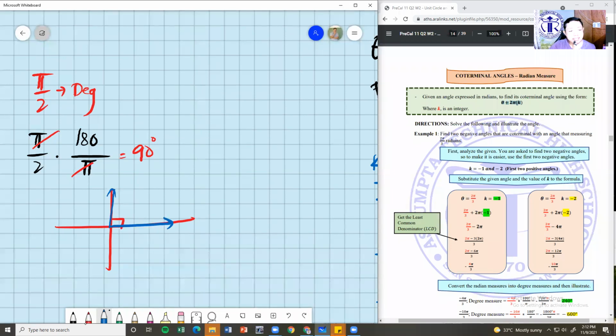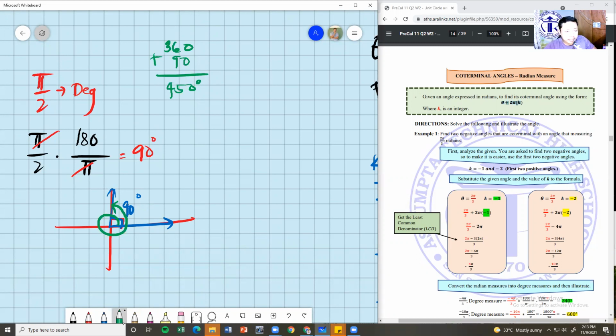Ayan, this is 90. Can you follow? Mas madali kasi pag nagdo-drawing eh. So when I draw my first coterminal angle, that is from this point to that point. So that's 360 plus 90. That becomes 450 degrees.